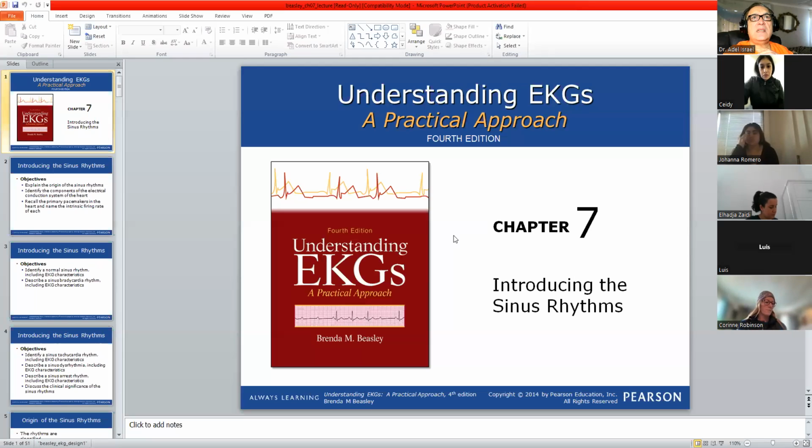Like when I say PR interval, we are familiar with what the PR interval is. When I say QRS complex, we know what we mean, and what the isoelectric line is, and so on. So all of this information is like the background, the assets for our knowledge, which starts from now.